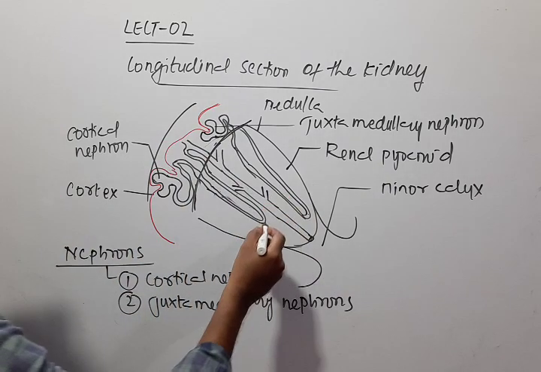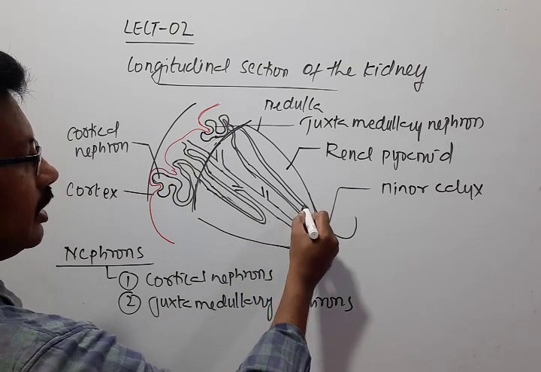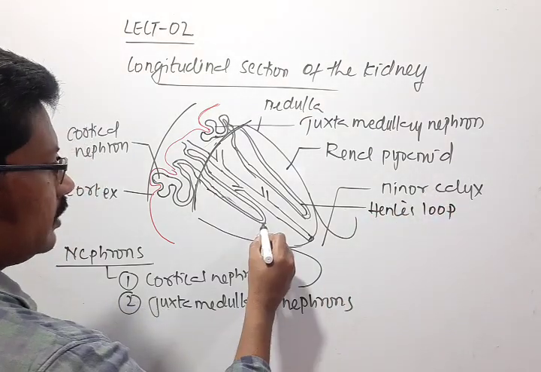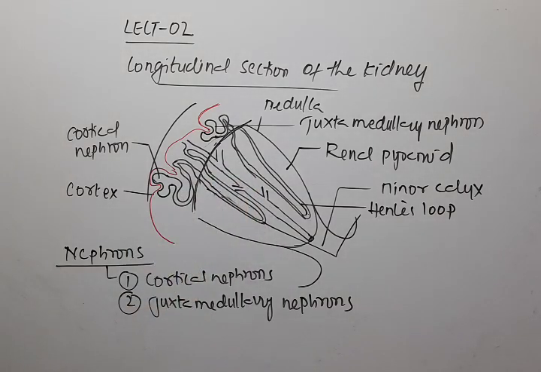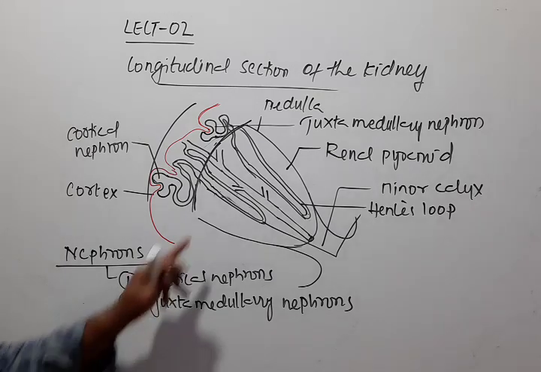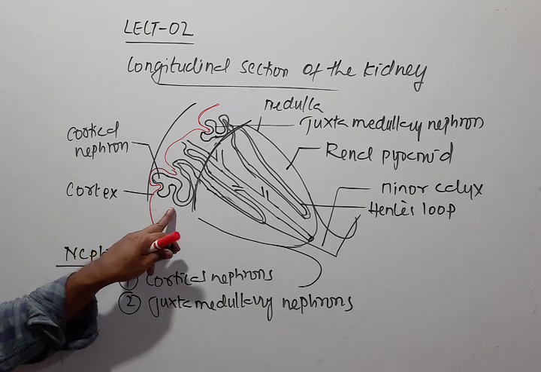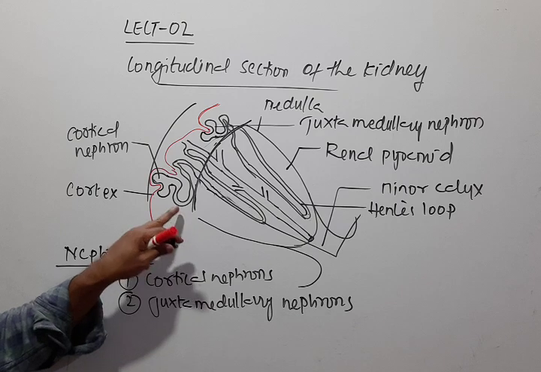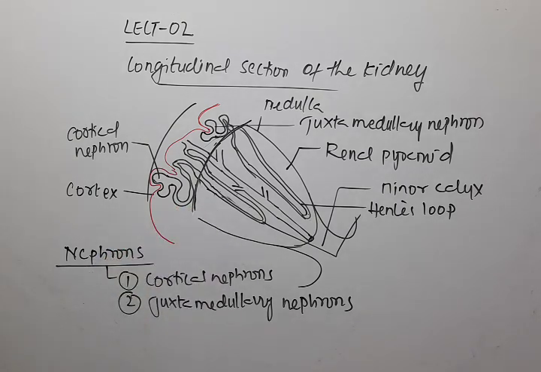So the renal pyramid mostly will have this Henle's loop. So here also the Henle's loop. You can see in case of juxtamedullary nephron, the loop of Henle is very long when compared to the cortical nephrons. Now, out of this nephron, what parts of the nephron lie in the cortex and what parts will lie in the medullary region?